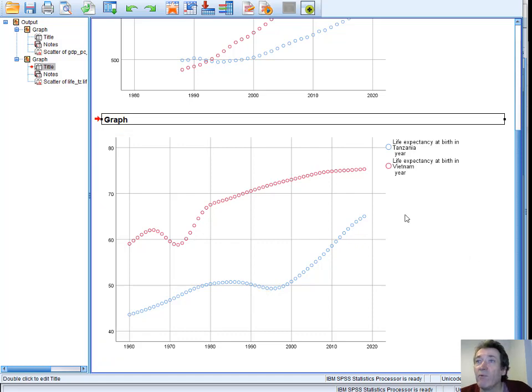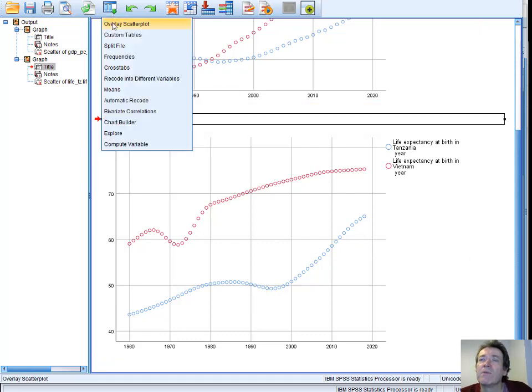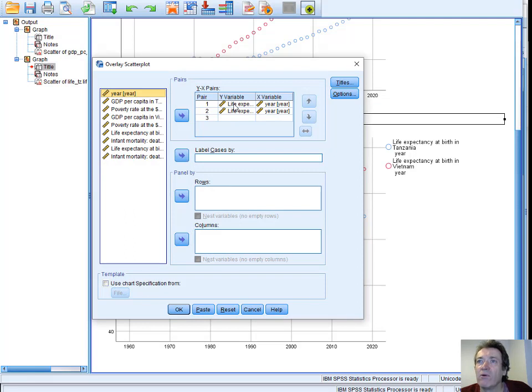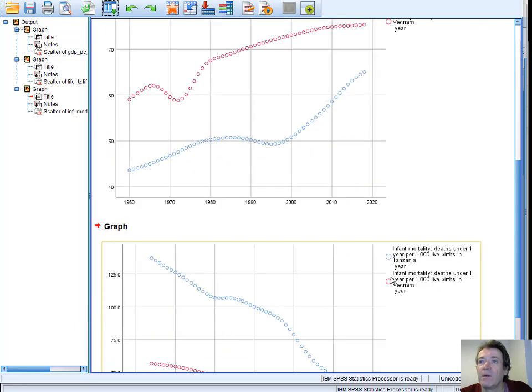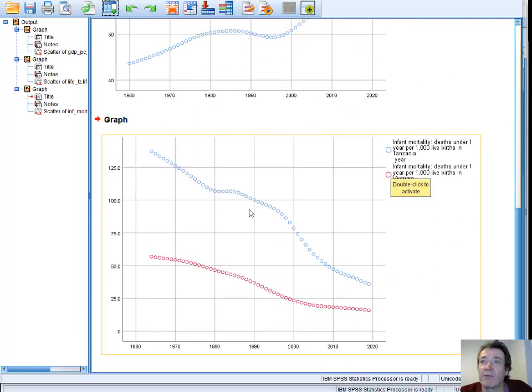The other health variable we can look at is infant mortality, hopefully not quite as dramatic. Which one's that one? That's the Vietnam one. It's gone there. And the other one's the Tanzanian one. It goes on there, and here comes the graph. Yeah, it's a positive thing in both cases, going down.